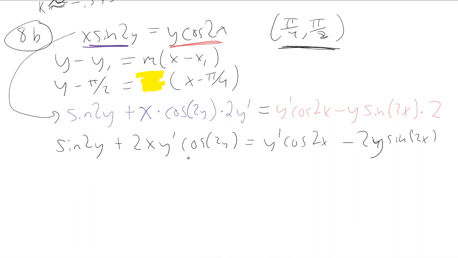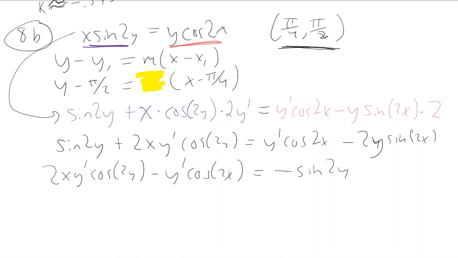Okay, isolate the y prime, so I'm going to move those to the left. You can move them to the right if you prefer. Add this over, or actually subtract it over. So that everything on the left side has a y prime, so I can factor it out and undo times with divide.